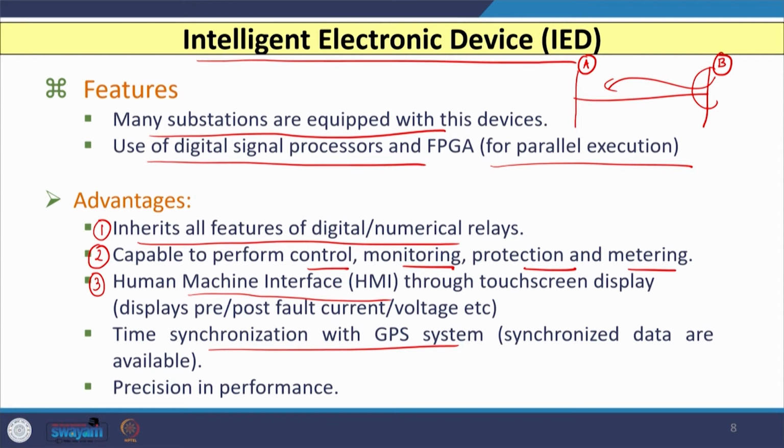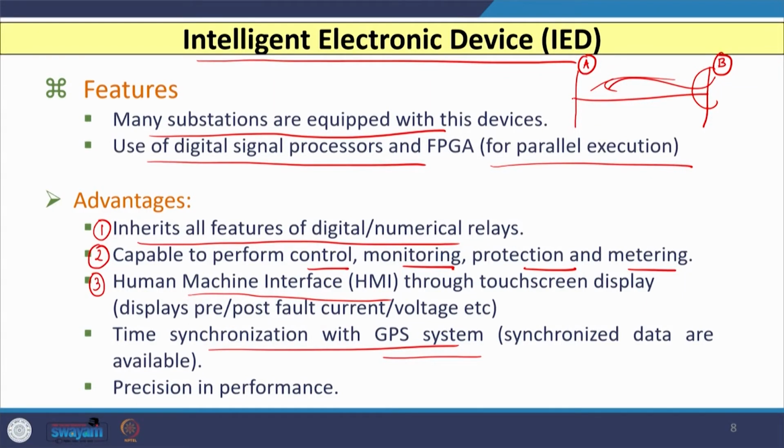Let us say we have some low bandwidth communication channel available and we want data from substation B, but this data can be synchronized or it can be unsynchronized. If I have this relay and GPS system, then we can have this data synchronized.